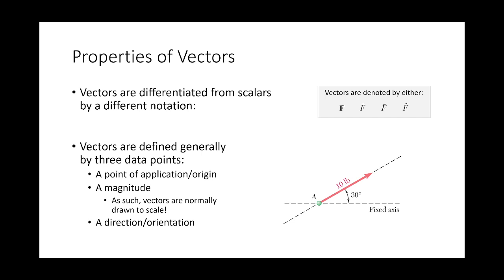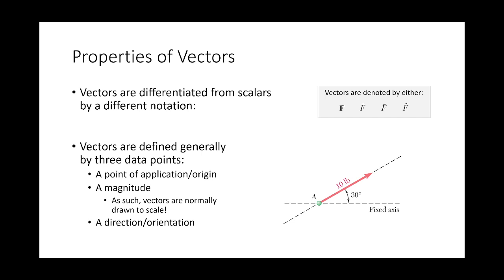Later on, we will utilize a certain vector notation called IJK. If you've had any later calculus courses like Calc 2, Calc 3, you've probably seen IJK before. If not, you're going to get a crash course in it here. And I'll usually call it I hat, J hat, K hat, just for simplicity. Vectors are generally defined by 3 data points.